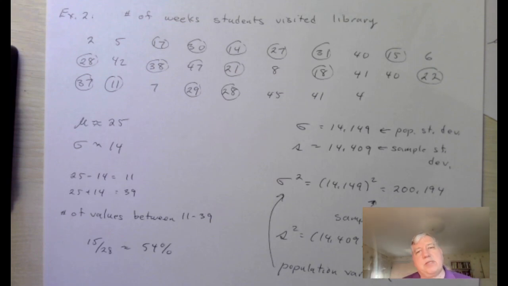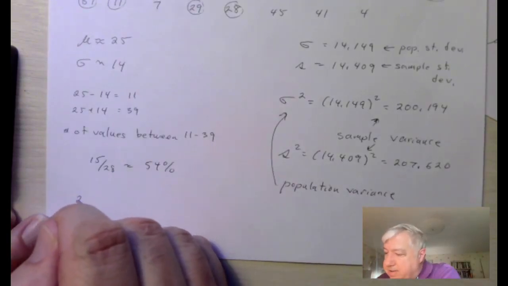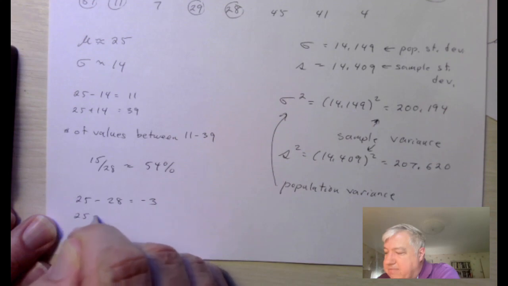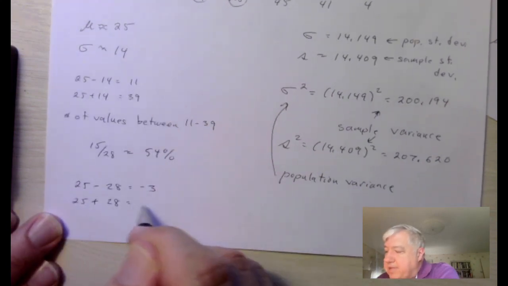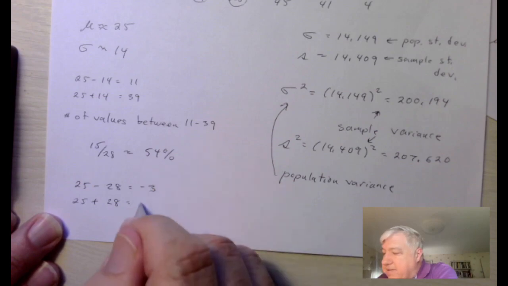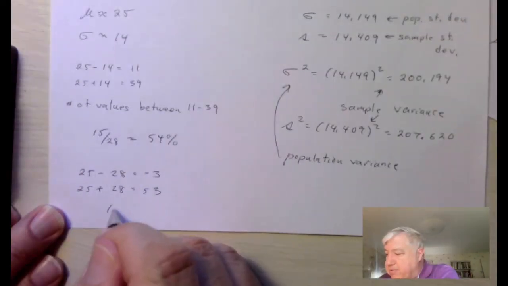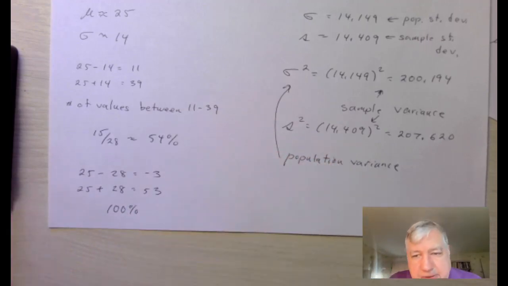And I think we can all agree that all the values are within two standard deviations of the mean, right? Because 25 minus 28 is negative 3, and 25 plus 28 should be 53, and all these values are in there. So we're talking about 100% within two standard deviations.